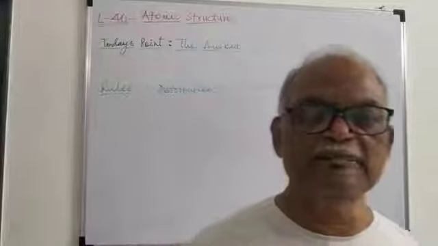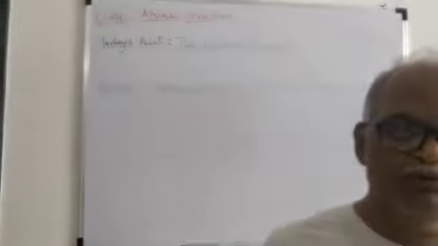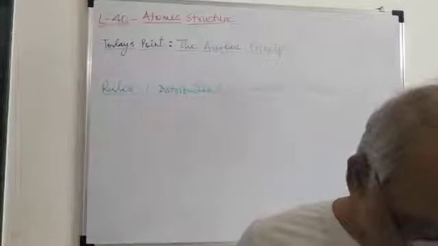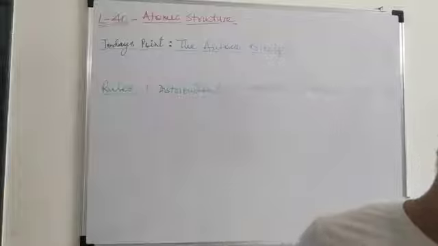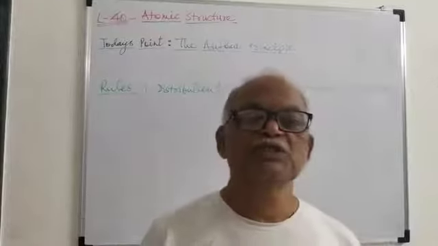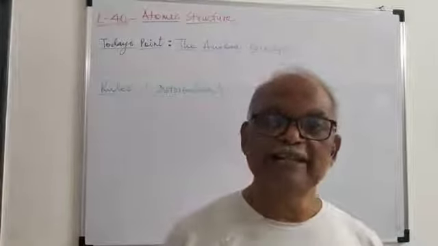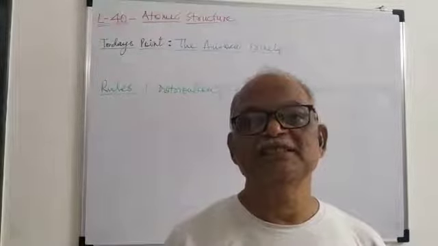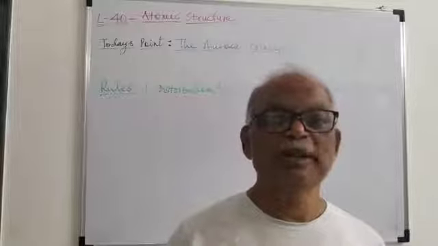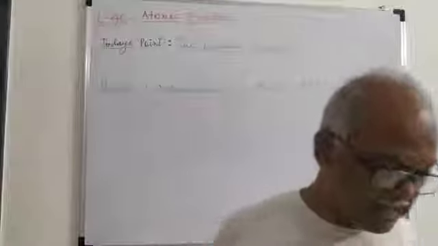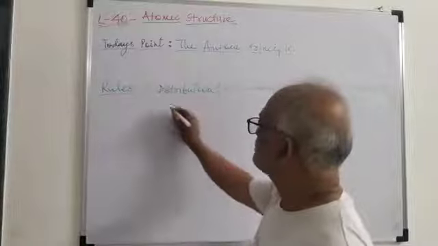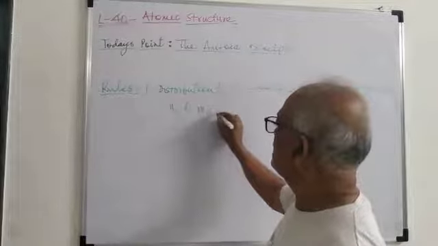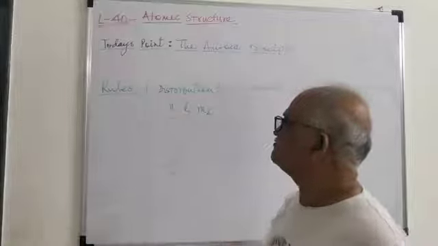So stability depends upon the distribution of electrons. This means that we have to choose such quantum numbers so that the atomic orbitals of lowest possible energy levels are occupied first, and we have to use the suitable quantum numbers, that is n, l, ml and ms. So these are important.